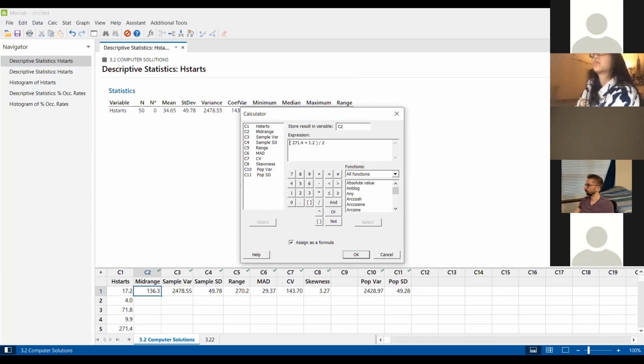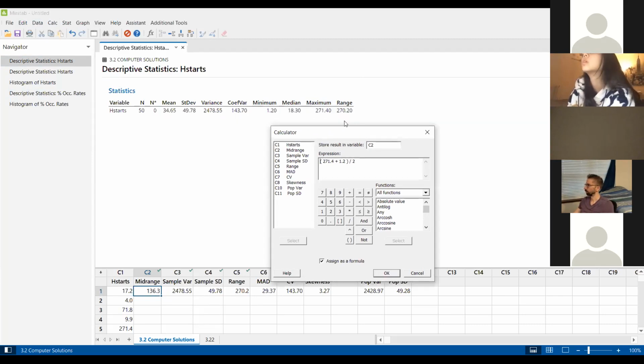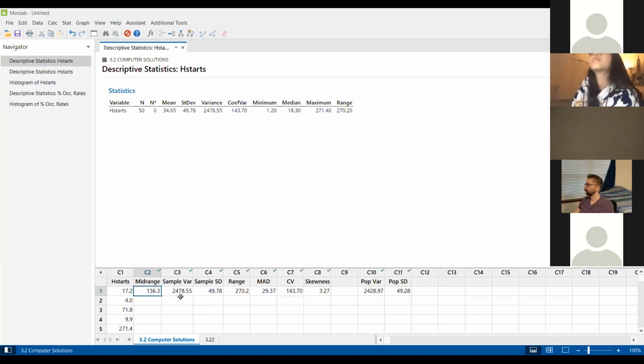And I'll just tab down. And it was very easy, right? I just took the maximum value and added the minimum value. I added these two numbers, 271.4 and 1.2, divided by 2, and that's your mid-range. Easy, right? Easy. All right. Variance. Now, they give you the variance here, right?